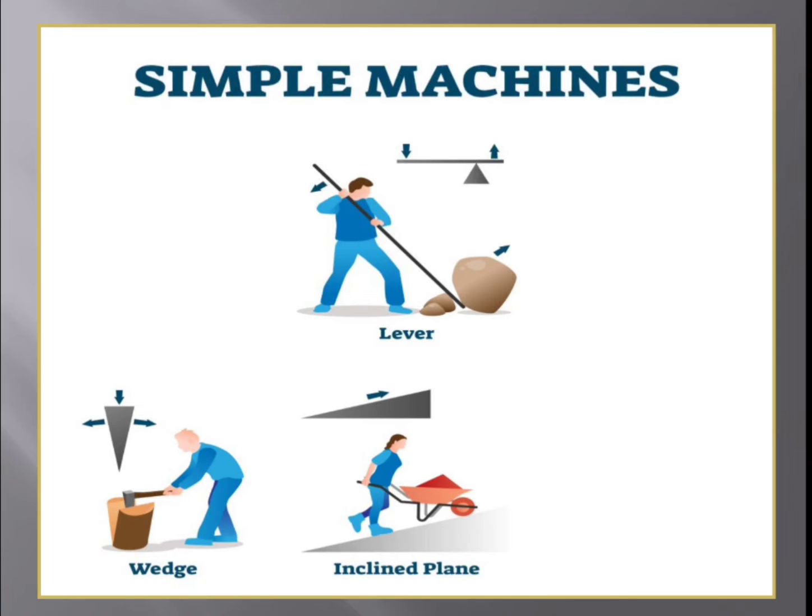How does it work? The closer the object is to the fulcrum, the easier it is to move it. That means the object should be close to the fulcrum, then it will be easier for us to lift that heavy object. Here you can see that if effort and load are equal, then the fulcrum is in the middle, isn't it?